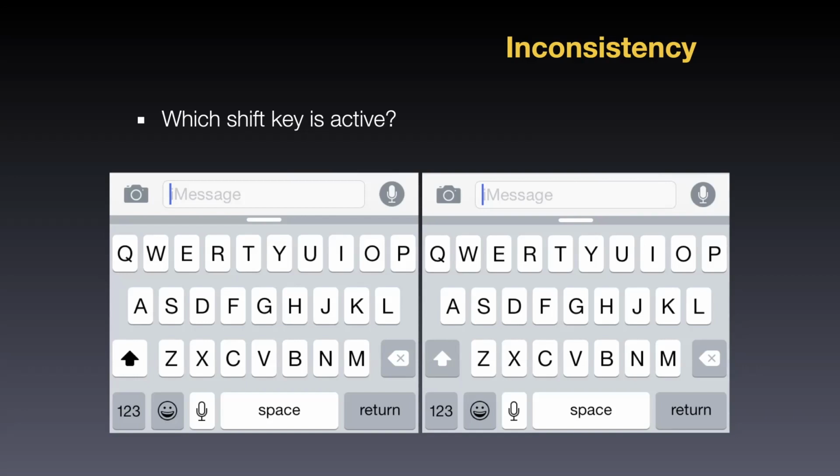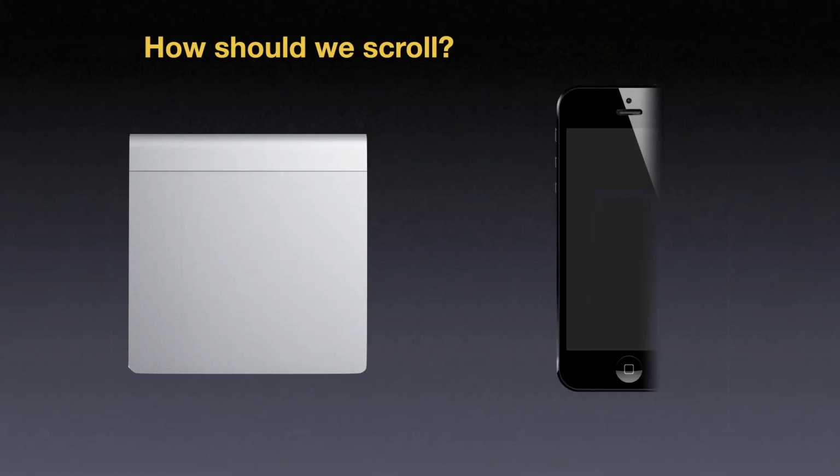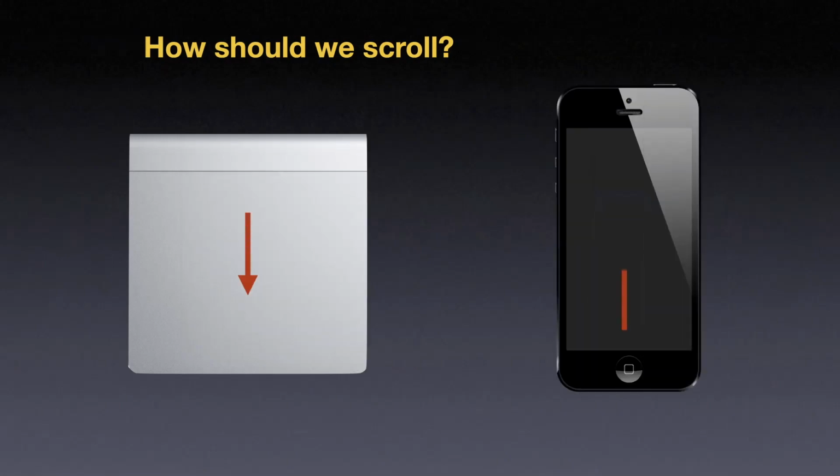Some of these inconsistencies are just baked into how we've used computers in the past. When touchpads, trackpads, first came out, we followed mouse conventions. So if you wanted to scroll down, you would move your finger down on the screen. But then when multi-touch was introduced on phones, we reversed that. Why?